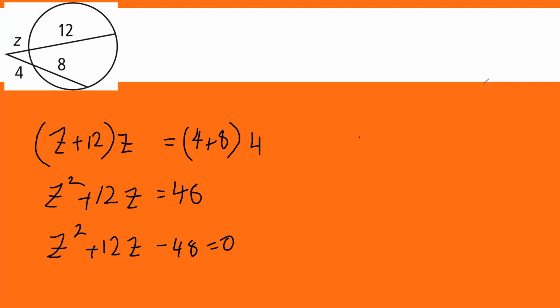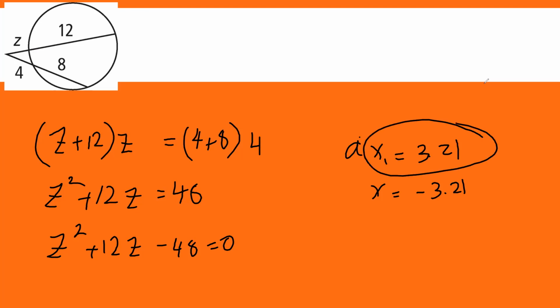One of them, x1, is 3.21, and the other one is negative 3.21. Since it is a length, we must use the positive one. Is it clear? Yes.